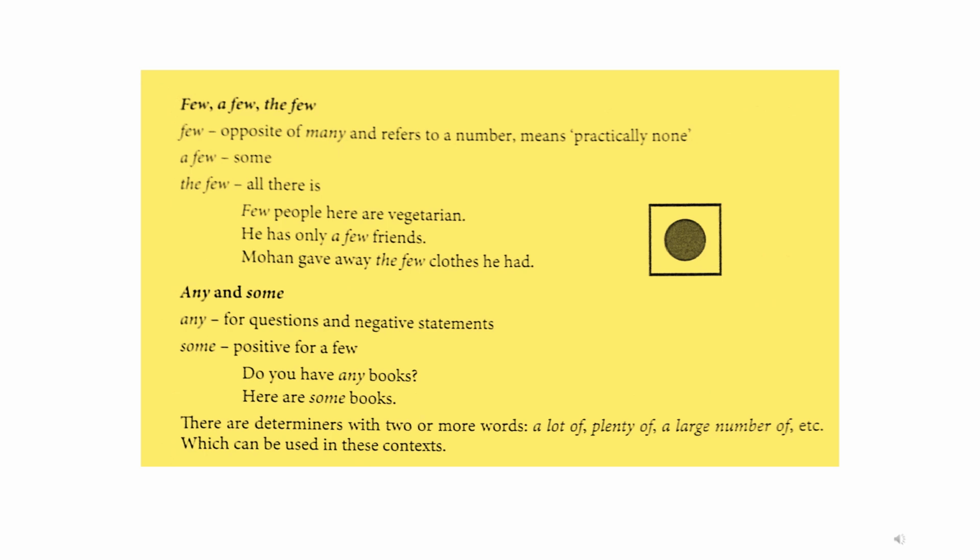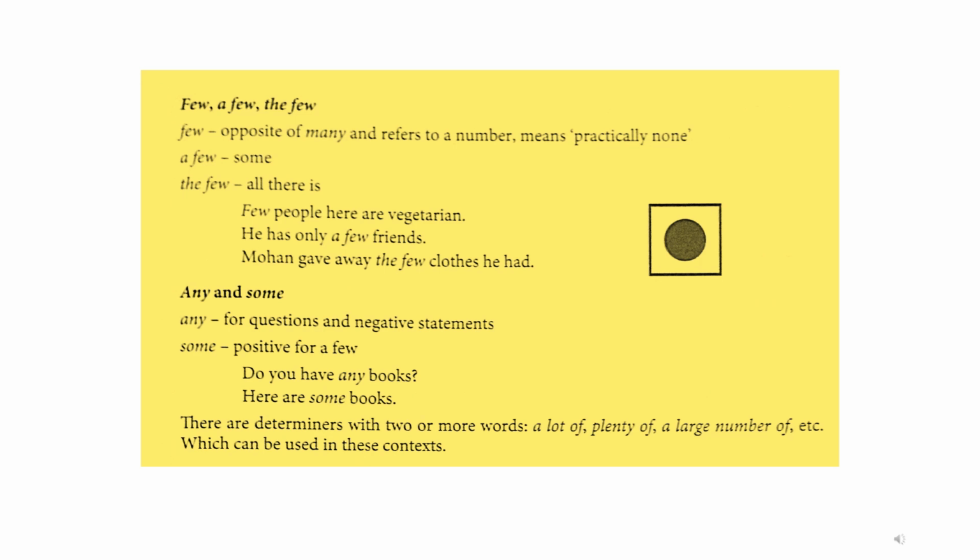A few means some, the few means all there is. Examples: few people here are vegetarian. He has only a few friends. Mohan gave away the few clothes he had.